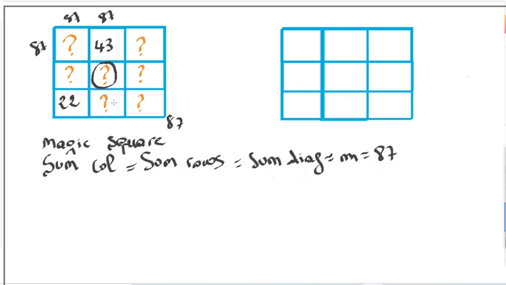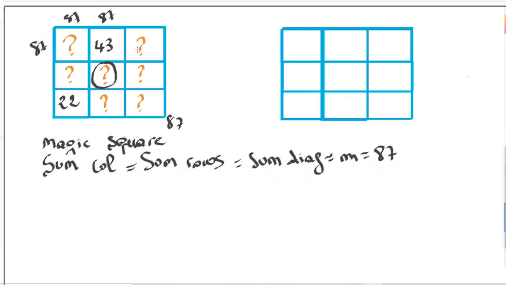For example, to find this one, we just have to do 87 minus 43 minus this item. And then to find this item, we just have to go 87 minus 22 minus this item that we already calculated. So how to find this middle one?